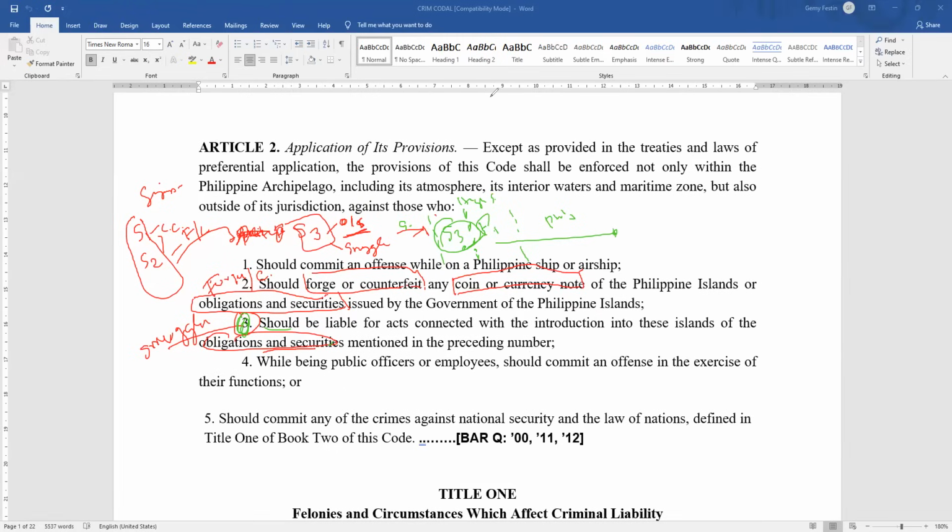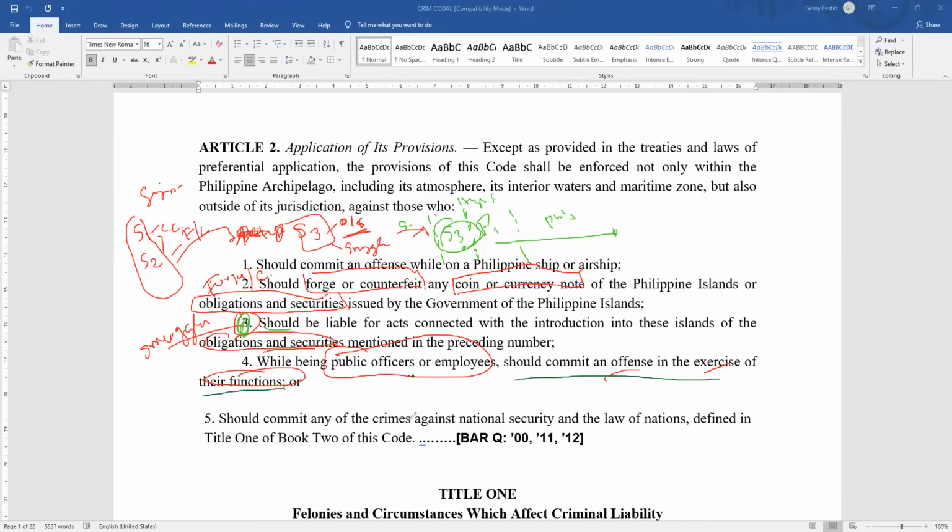Number 4, while being a public officer or employee should commit an offense in the exercise of their function. So ang tanong, does it follow that any crime committed by a public officer abroad can be tried in the Philippines? No. Not every crime committed by a public officer or employee can be tried in the Philippines. Why? Because it's very clear under paragraph 4. Should commit an offense in the exercise of their function.